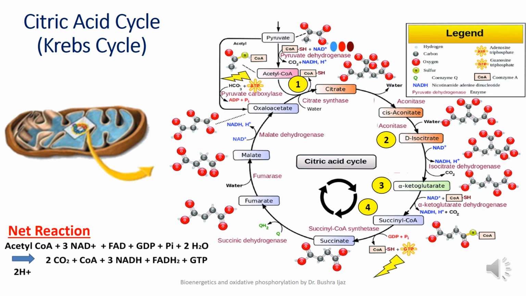The 8 steps of the cycle are a series of redox, dehydration, hydration, and decarboxylation reactions that produce two carbon dioxide molecules, one GTP or ATP, and reduced forms NADH and FADH2.